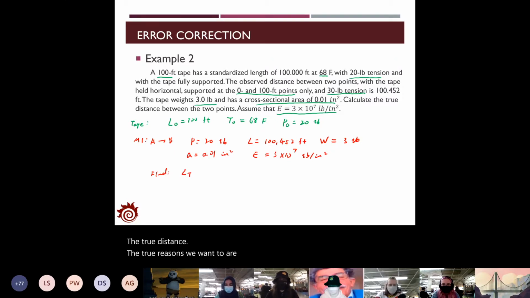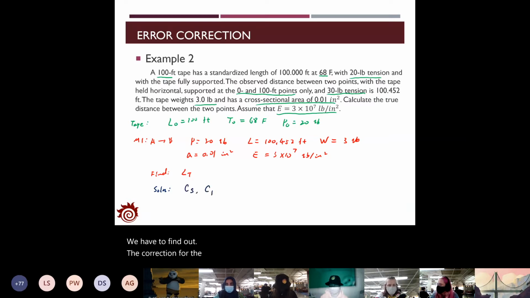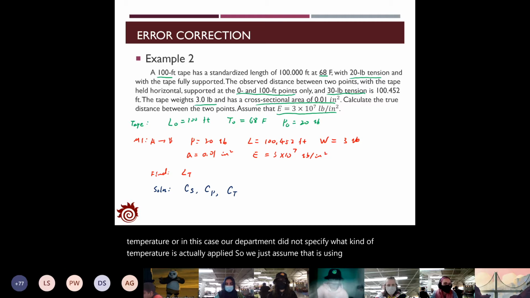So to do that, in the solution we have to find the correction for the sag, the correction for the tension, and the correction for the temperature. In this case, the problem did not specify what temperature is actually applied, so we just assume that it is the standard temperature.